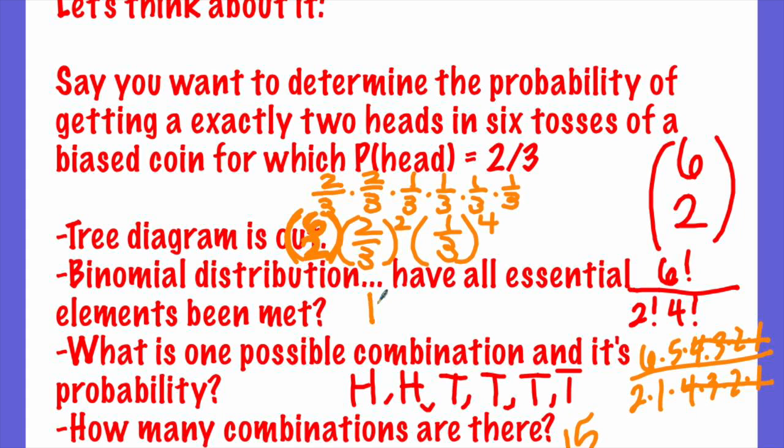6 choose 2 is 15. What's 2/3 squared? 4/9. And what's 1/3 to the 4th power? 1/81. So now let's multiply this. What is 15 times 4? 60 over 729.